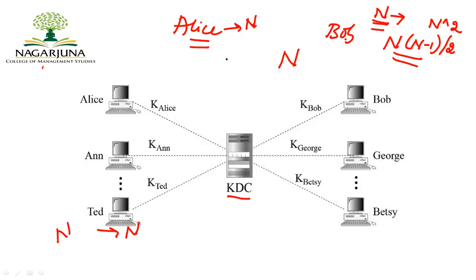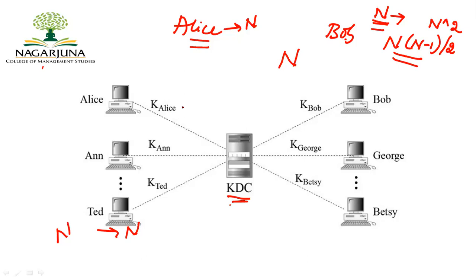The KDC is a practical solution that you can use as a trusted third party to reduce the number of keys. Each person establishes a shared key with the help of the KDC.